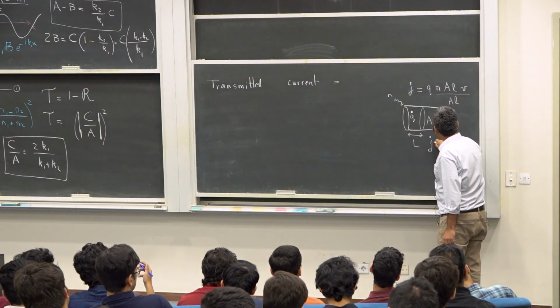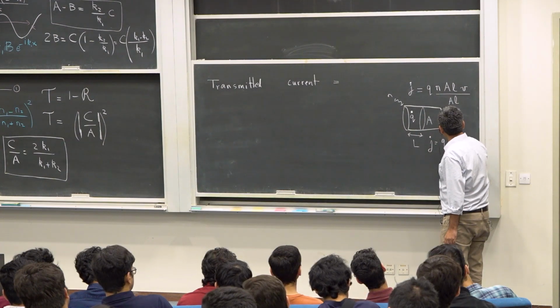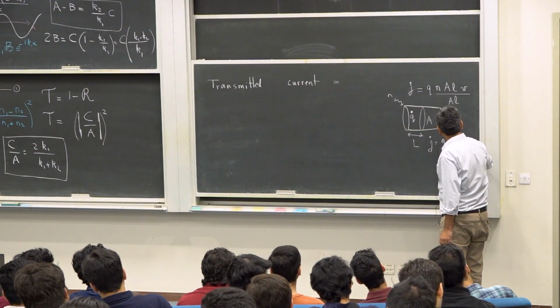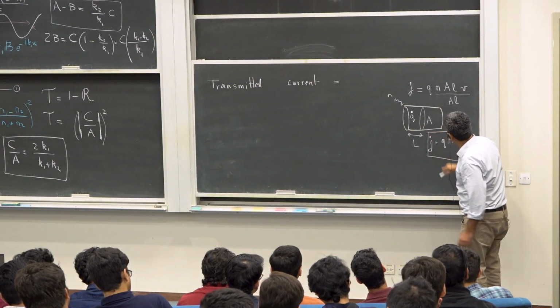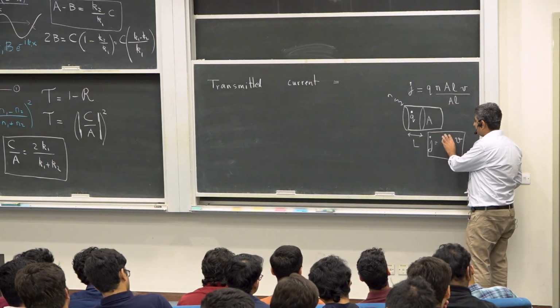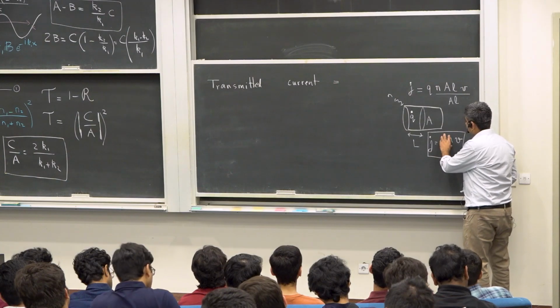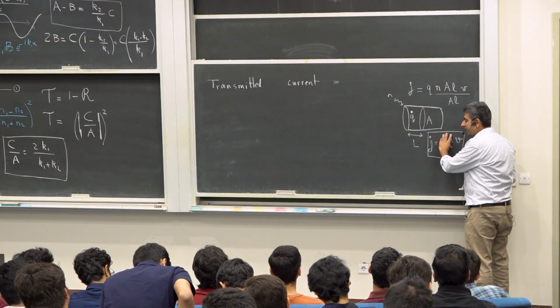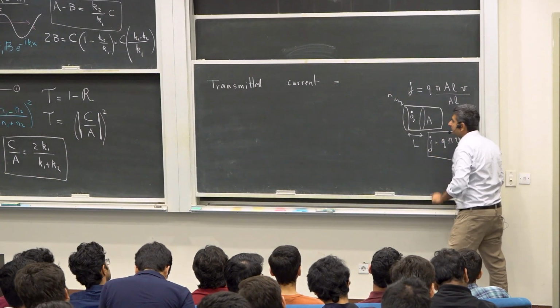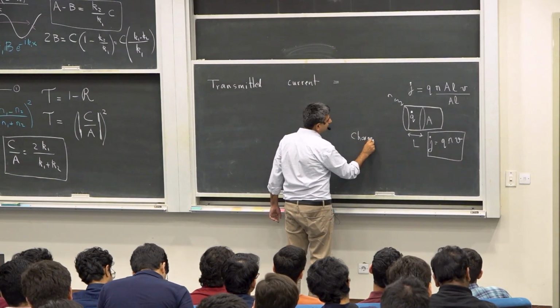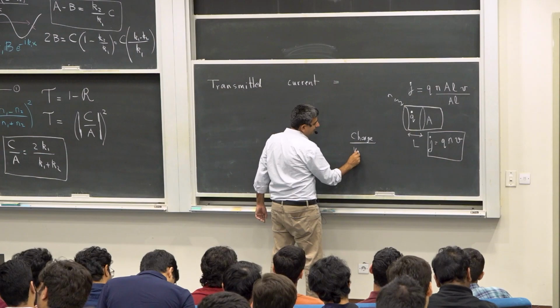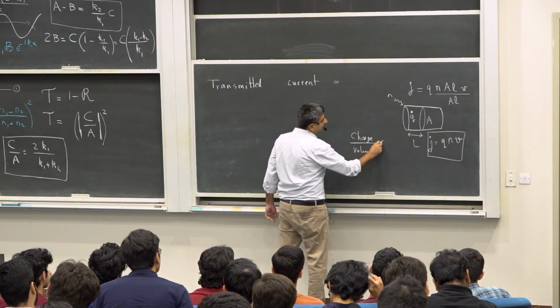The current per unit area is given by Q n v. So any current can be found by multiplying the charge per unit volume with the speed.